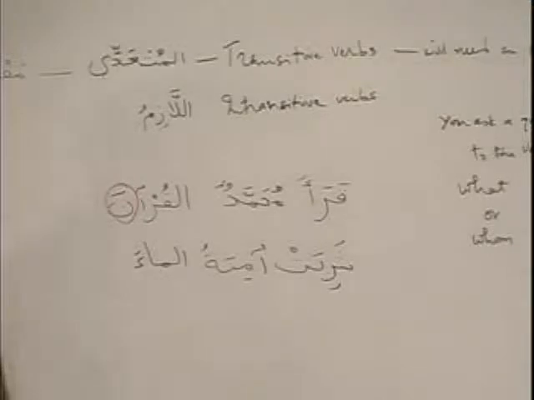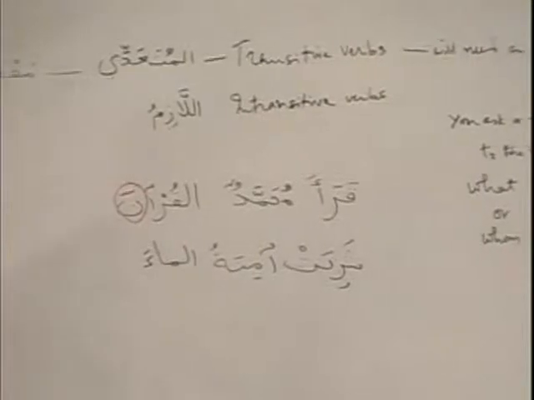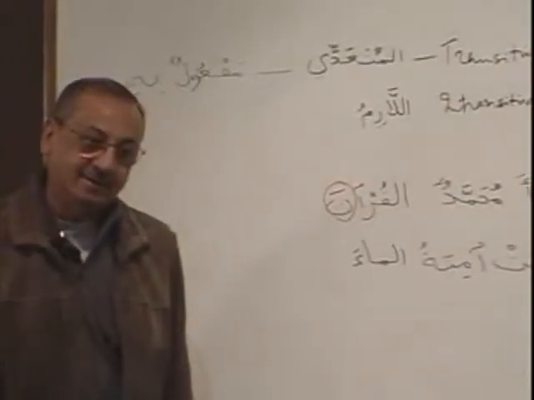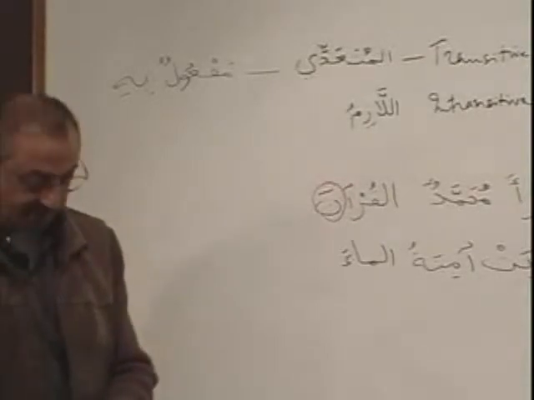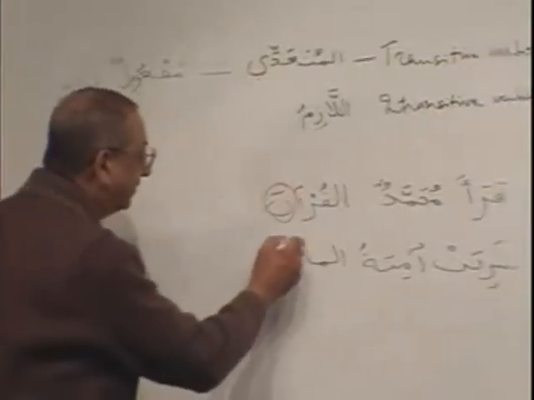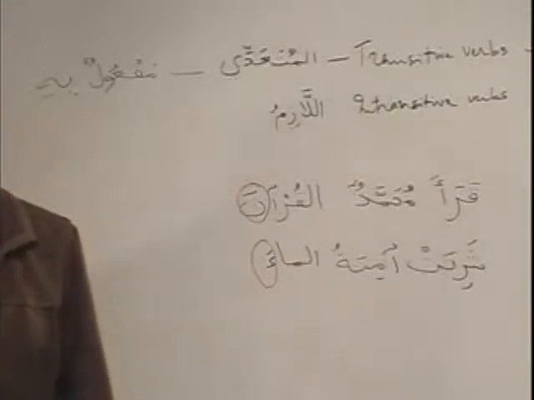And where is the fa'il? Aminatu. Okay. Sharibat Aminatu. Amina drank. Drank what? Then we get the answer, al-ma'a. So then al-ma'a is your maf'ulun bihi. And do you see that it is mansub? Maf'ulun bihi will always be mansub.